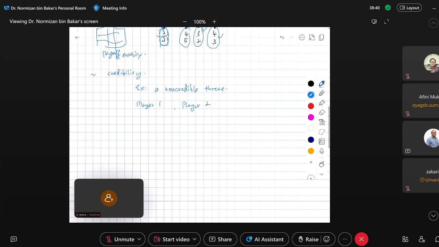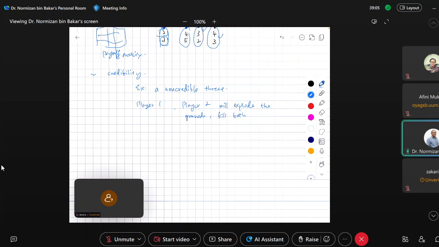If player two explodes the grenade, that will kill both, meaning we kill player one and player two.